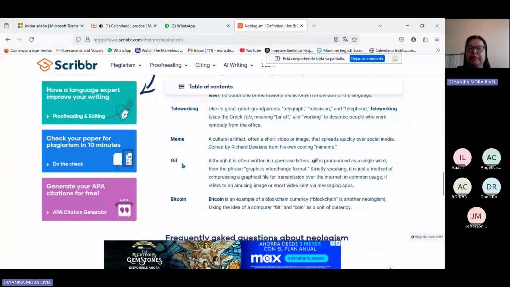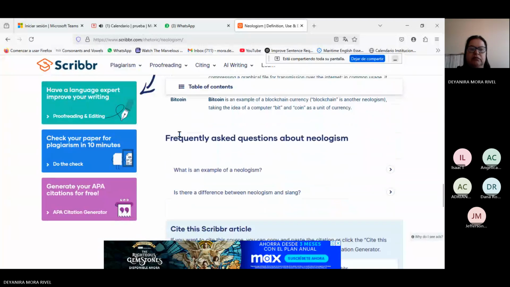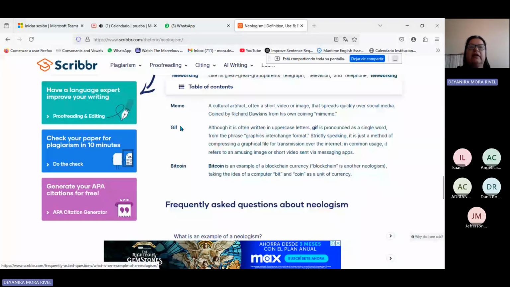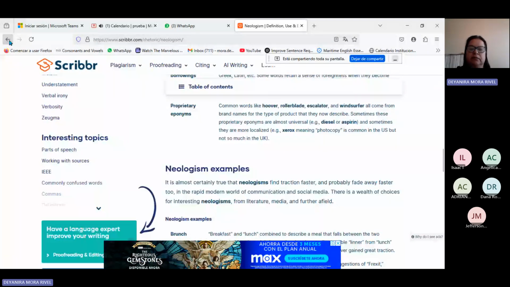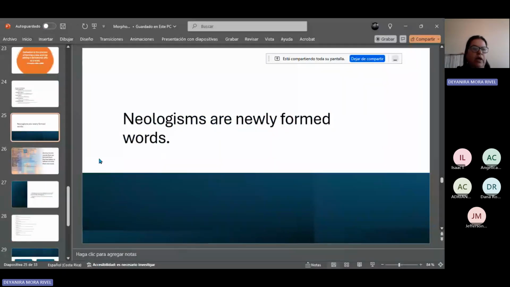Or a GIF, even though it means graphic interchange format, we talk about a GIF. Okay, so anything that is a new word, but these new words can be made up in different ways.